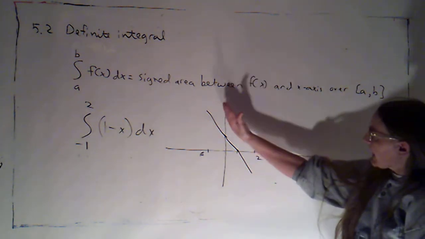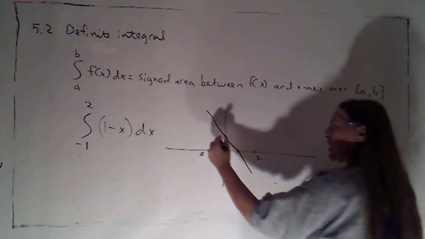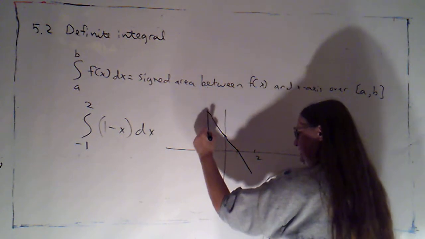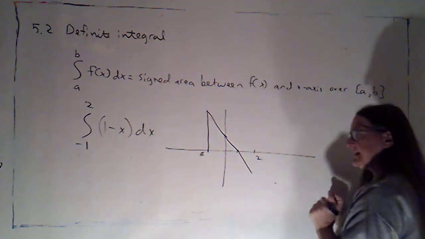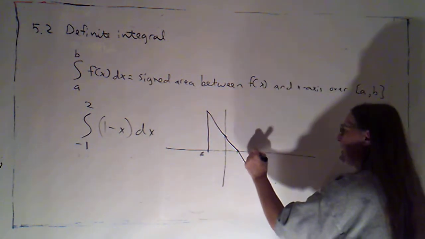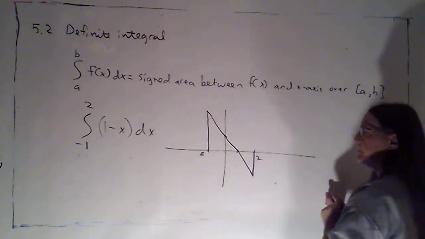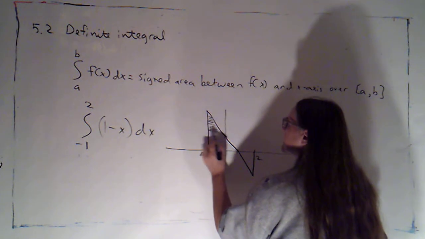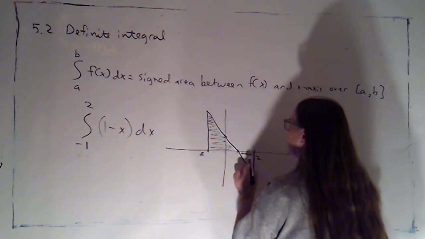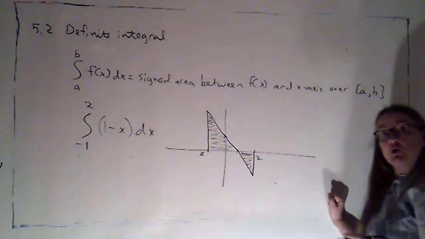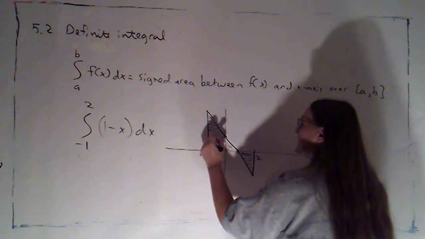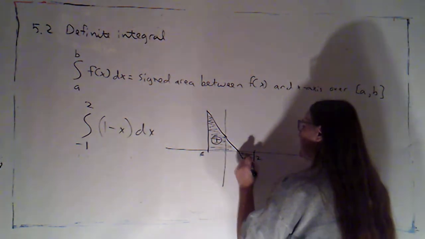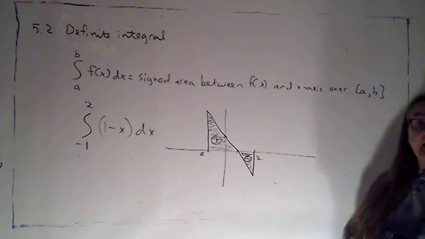I can draw in the walls, connecting that line to the x-axis at -1 and at 2. And what I want is the signed area between the x-axis and that line. So that's going to give me two triangles, where I can see that this one is positive and this one is going to be negative.